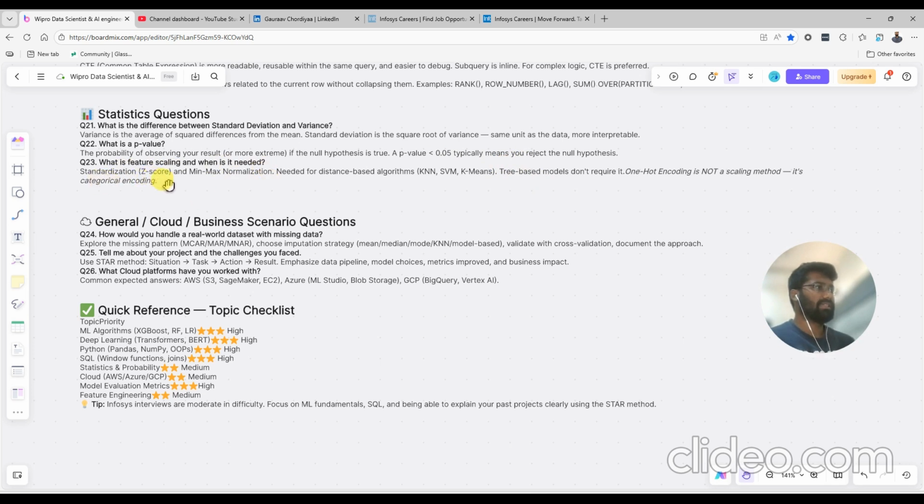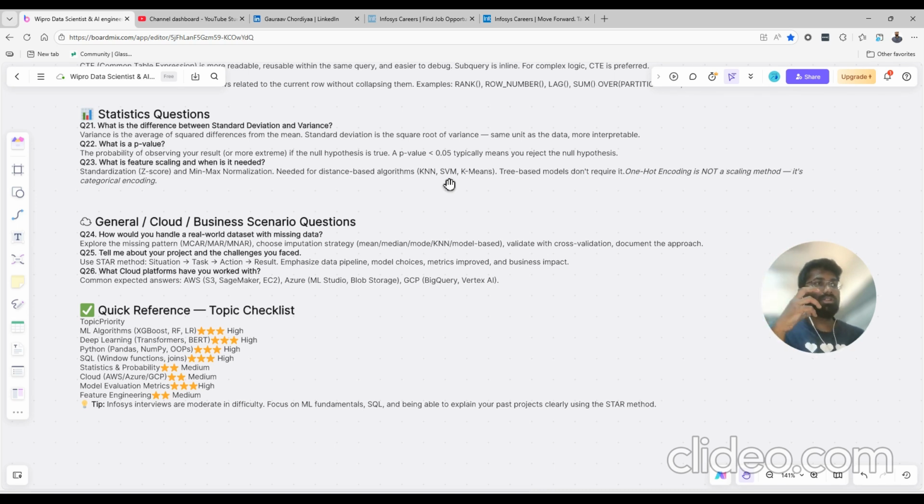Standardization like z-score and min max normalization are needed for distance based algorithms like KNN, SVM and K-means. So basically they are distance based algorithms. They work on high dimensionality, and if we have one feature with values like 10,000, 20,000, and another feature with values from 1, 2, 3 up to 10, then because of the high values in one feature, they might give you the wrong answer, or that feature will become more important for them.